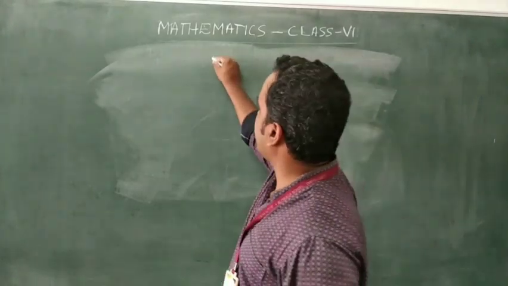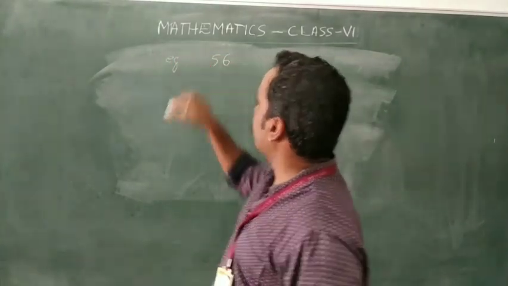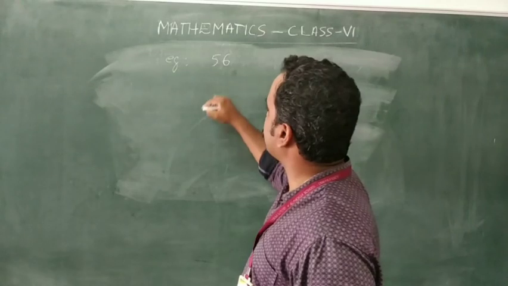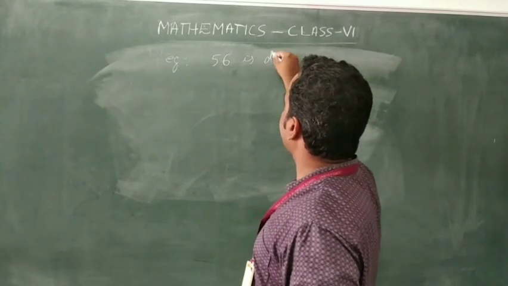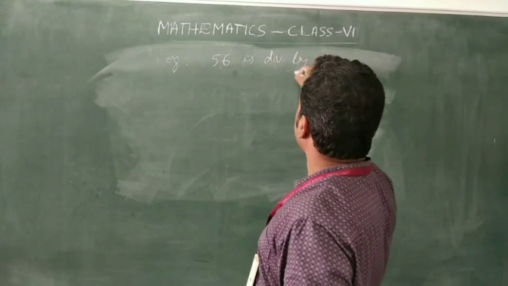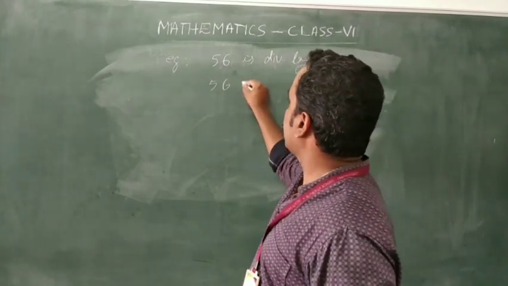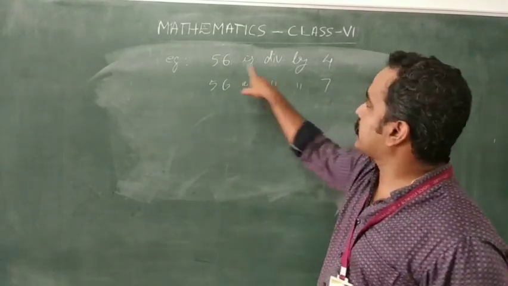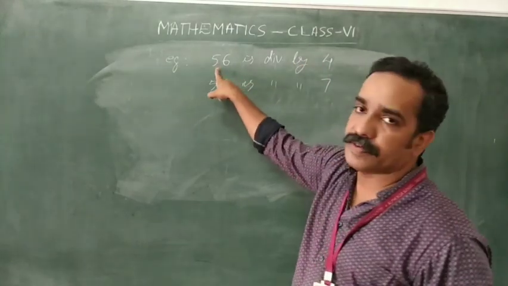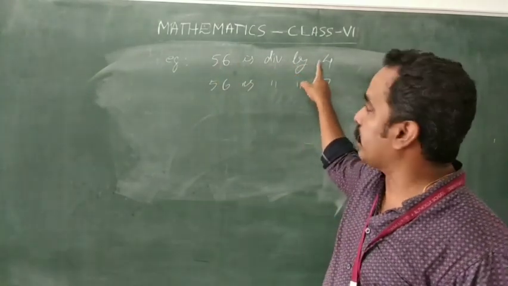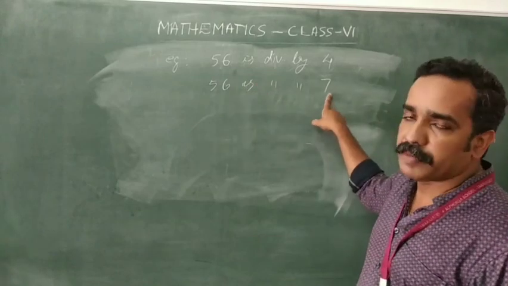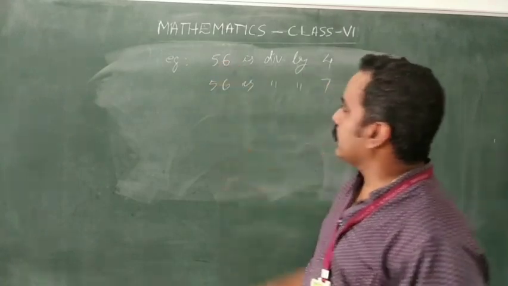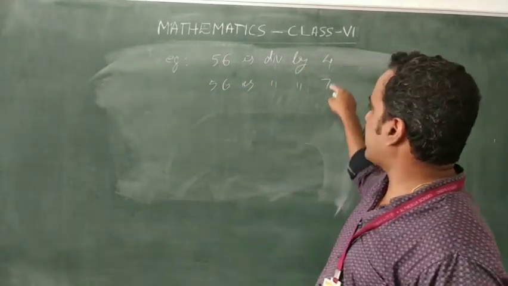For example, if you take 56, we know that 56 is divisible by 4. That means we can divide 56 by 4 completely without leaving a remainder. And 56 is also divisible by 7, because 8 sevens are 56. So 56 is divisible by both 4 and 7.